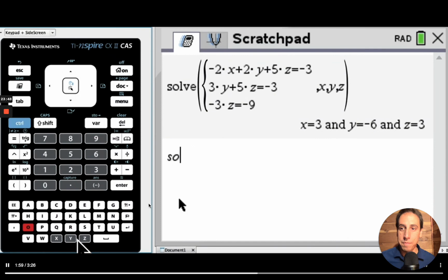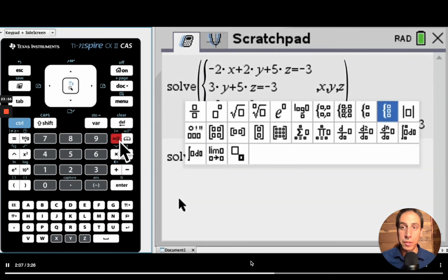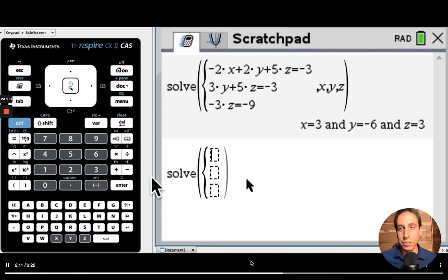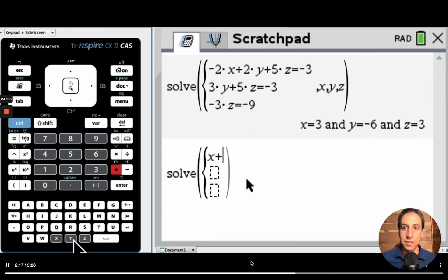Let's do another one. Solve. Parentheses. Go to the frequently used symbols button. Create a system of equations. Your cursor might already be there. And let's type out some more equations. x plus y minus z is equal to negative 1.